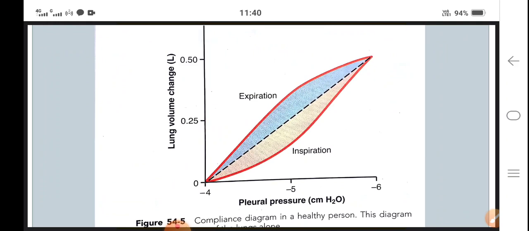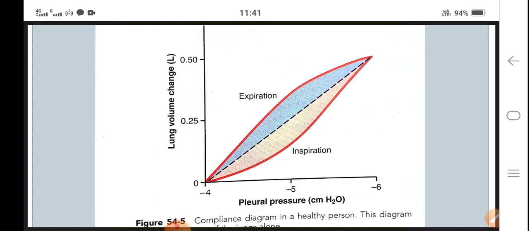This figure relates the change in lung volume to the change in pleural pressure, which in turn alters the transpulmonary pressure. Note that the relation is different for inspiration and expiration. Each curve is recorded by changing the pleural pressure in small steps and allowing the lung volume to come to a steady level between successive steps.